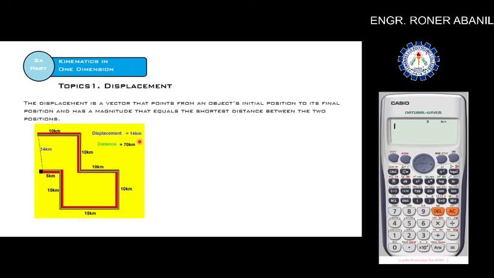Okay? Kasi ang tinitingnan ng displacement is yung pinakamalapit doon sa two positions, yung end and yung start. Okay? So dito, ang unit na gagamitin natin para sa ating displacement is meters. Ayun.